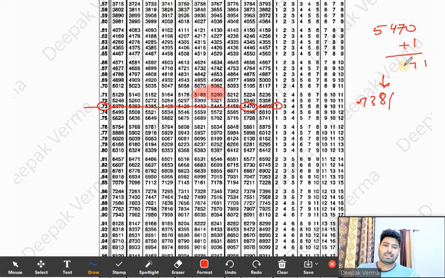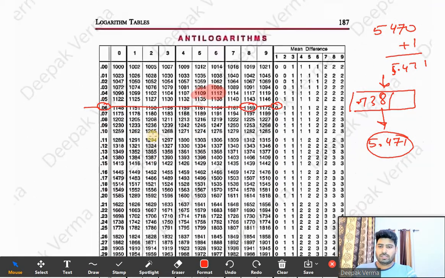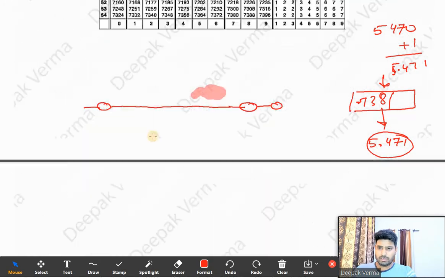So 5471, and we put the decimal here. So finally we get 5.471. So the value of antilog of 0.7381 is 5.471. Hope it is clear. Okay, now let's go back to our question.